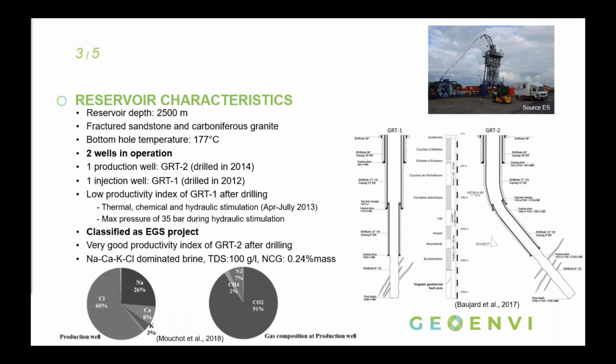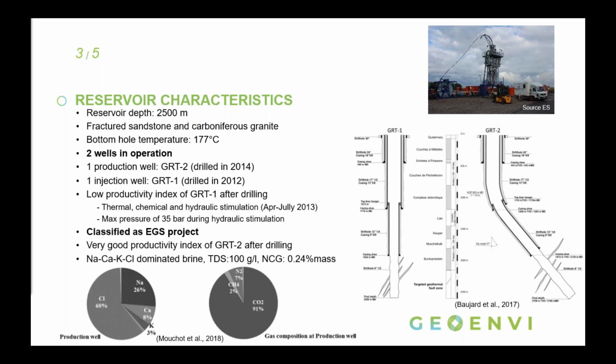The targeted reservoir of this project is a sandstone and carboniferous granite located at 2,500 meters deep. The bottom hole temperature is about 177 degrees Celsius, and this project is based on 2 wells. So 1 production well, which was drilled in 2014, and 1 injection well, which was drilled in 2012.